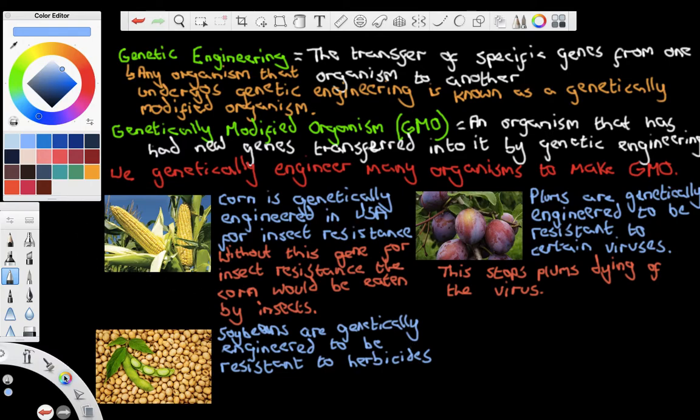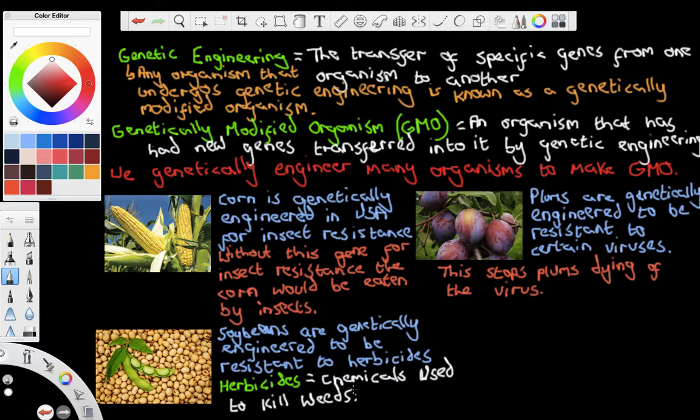So herbicides are chemicals used to kill weeds. However, herbicides also kill good plants that we want. So if we make the soybeans resistant to herbicides, we can spray them with it without worry of them dying.